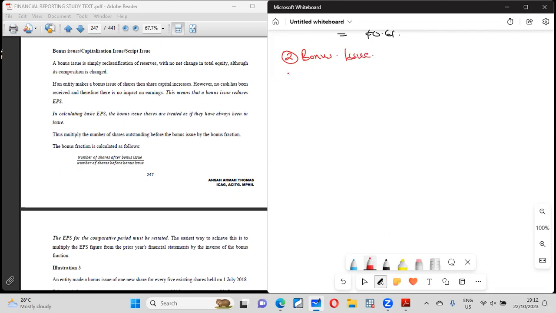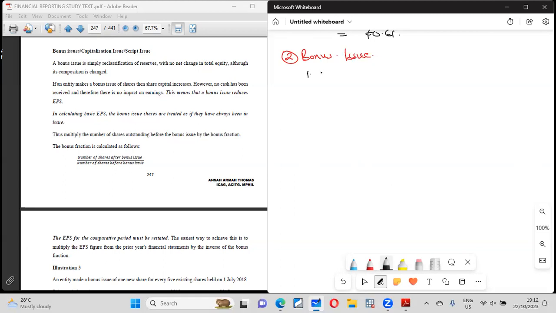Now, what is a bonus issue? In a bonus issue, the company will give shares to its existing shareholders, but free of charge. They will use their retained earnings to pay so that the shareholders do not pay. So what happens in a bonus issue is that there is no change in the total equity.